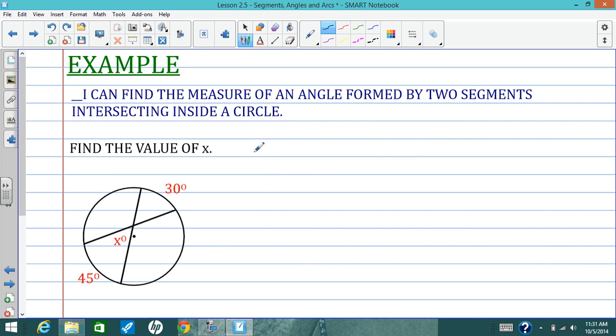So pause the video and use that relationship here and find the value of x. And again, I like this version, arc 1 plus arc 2 divided by 2. And remember that these are parts of the names. We're not multiplying by 1 or 2. So I'll plug in what I know. I'm looking for angle x.